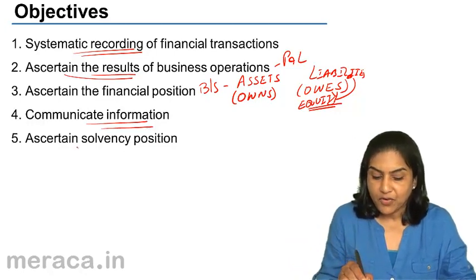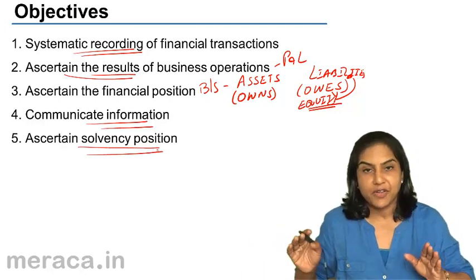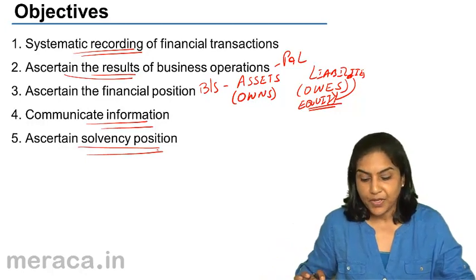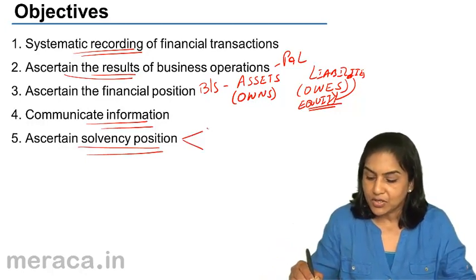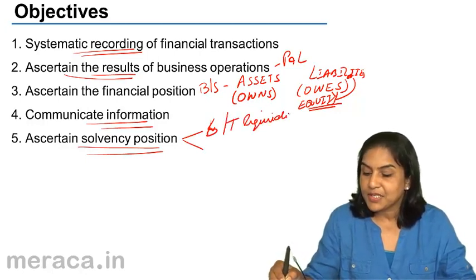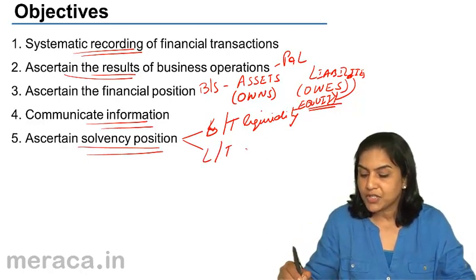Another objective of accounting and the preparation of the financial statements is to ascertain the solvency position. Solvency position, or the liquidity position, could be the short-term liquidity, meaning does the business have cash short-term, or the long-term solvency position, or the long-term liquidity position.